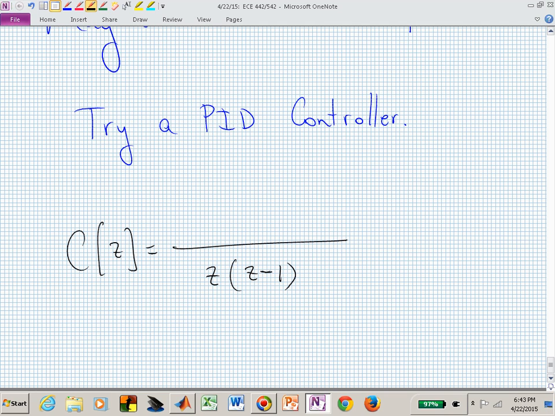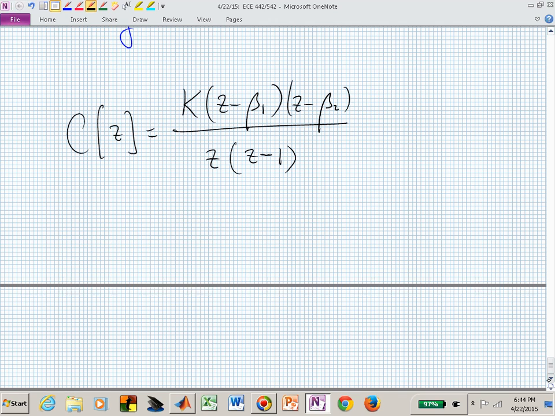How many did we have to play with in the PI controller? Two: gain and zero location. With the PID, we have the gain and two zeros. Now we can do K, z minus beta 1, z minus beta sub 2.